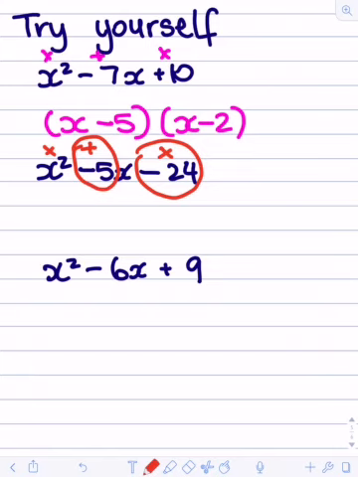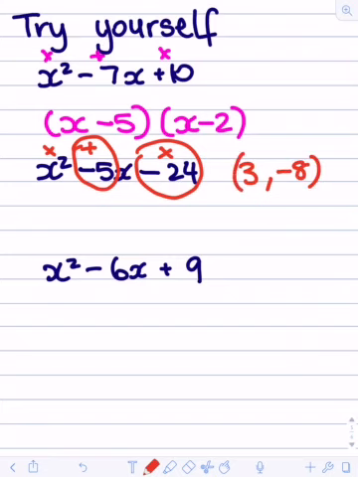Yep, 8 times 3 is 24 as well. So one of them has to be negative. What if I did 3 minus 8? 3 minus 8 is negative 5. What about the opposite? 8 minus 3. No, we're still in the positive. So it is 3 minus 8. Our two numbers are 3 and minus 8.